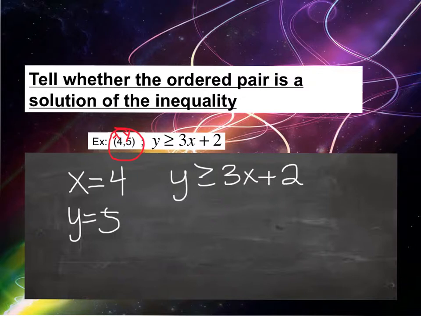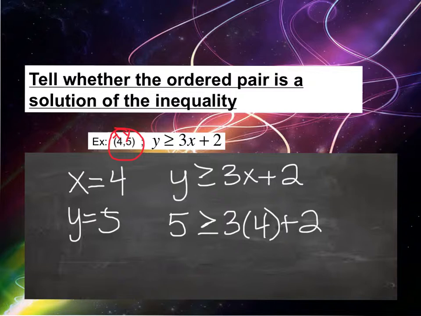So I'm going to substitute in the 4 for x and the 5 for y and see if it's a true or false statement. And that will tell me if it's a solution or not of the inequality. So 5 goes in for y, and 4 is substituted in for x in 3x plus 2. 5 is greater than or equal to 3 times 4, which is 12, plus 2, which gives us 14.